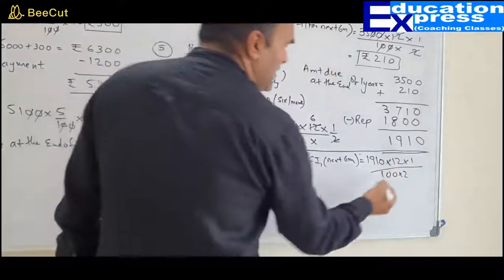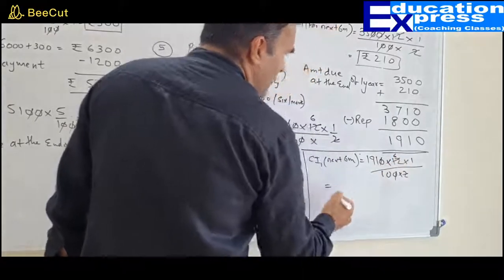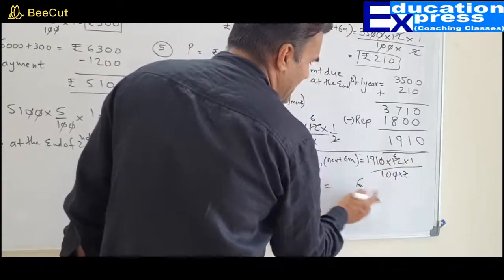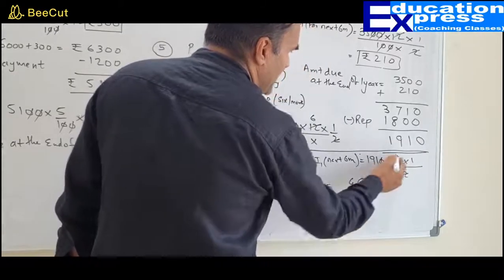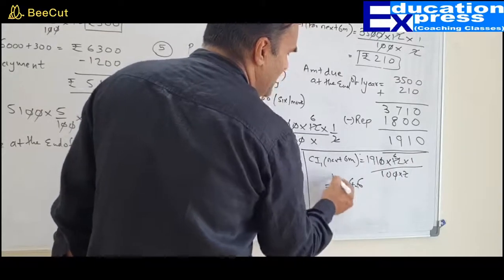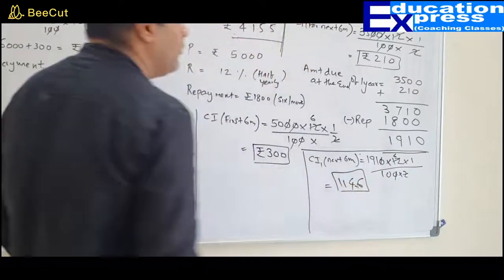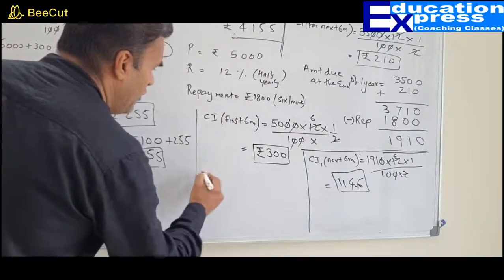Can you calculate this? 0 cancels. 0, 1 za, 6 za. So basically you get 6 1 za, 6, 9 6 za, 54, 5, 6 1 za, 6 and 5, 11 upon 10. So it will come as 114.60. So how much amount should I pay to clear the entire loan?